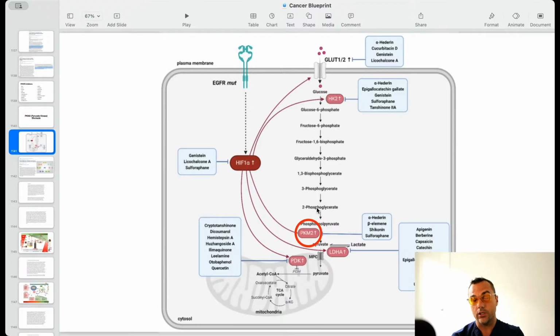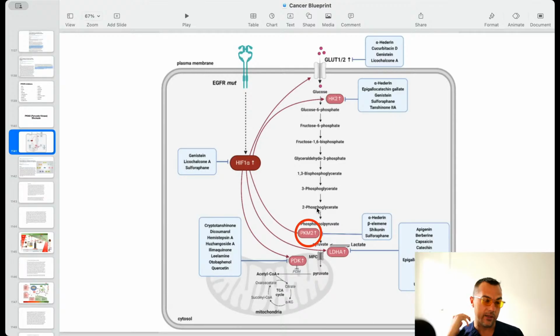My goal by doing that is underscoring the importance of the whole, but it also shows that there are very specific important targets that we can look at from treating cancer as a metabolic disease.